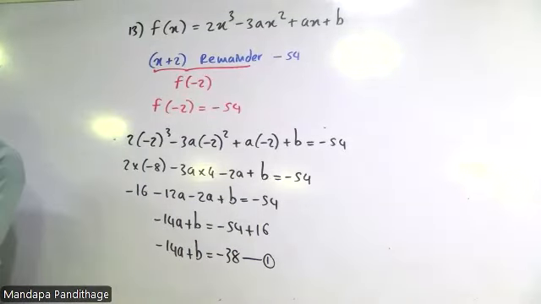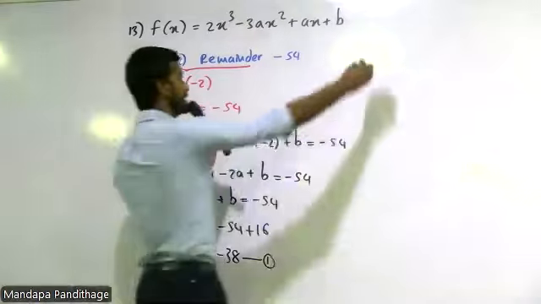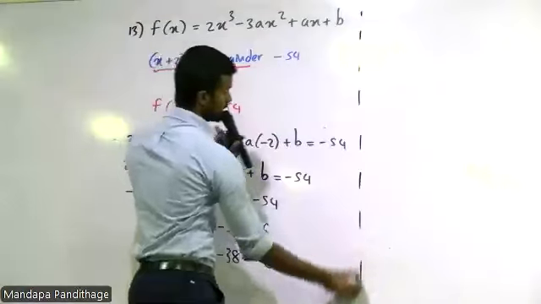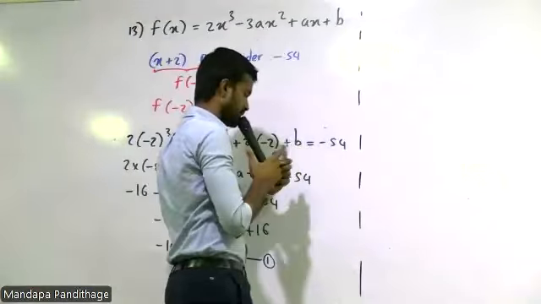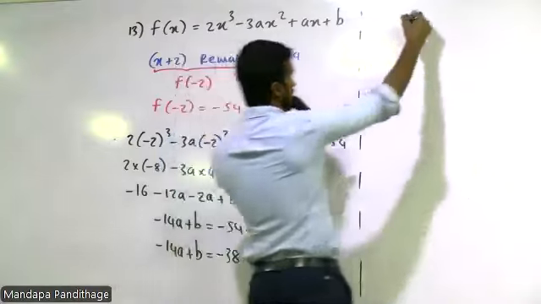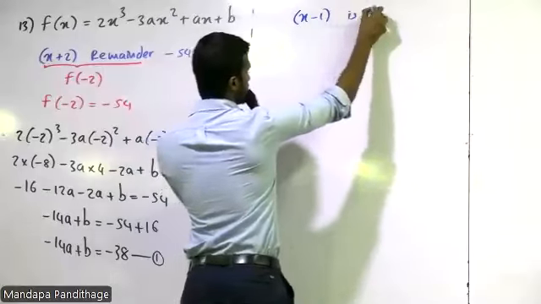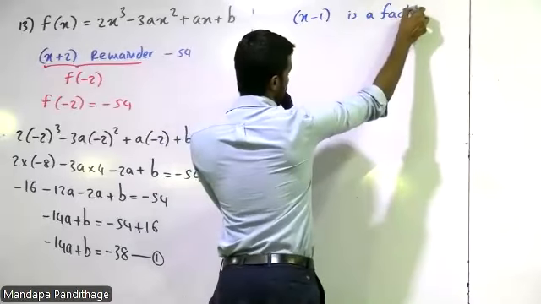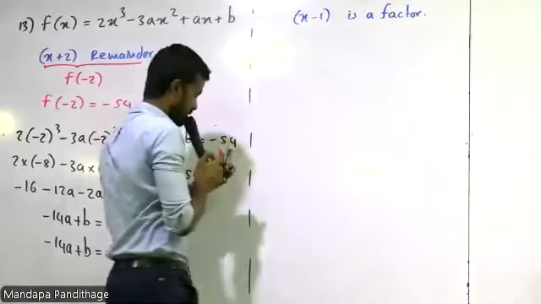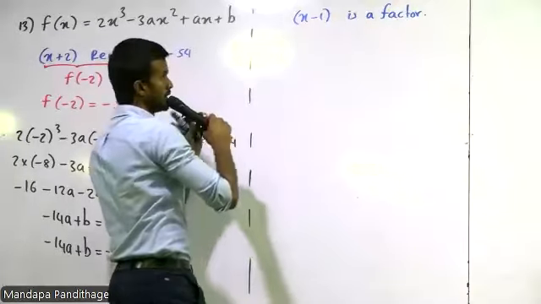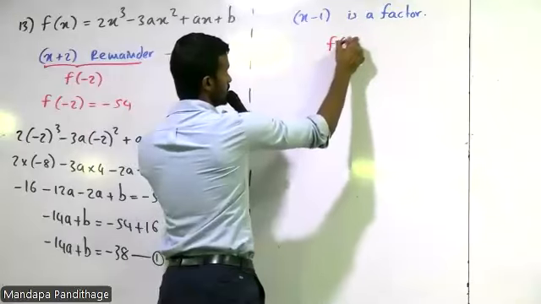Next one, what is the factor? x minus 1 is a factor. According to the factor theorem, f(1) is 0.